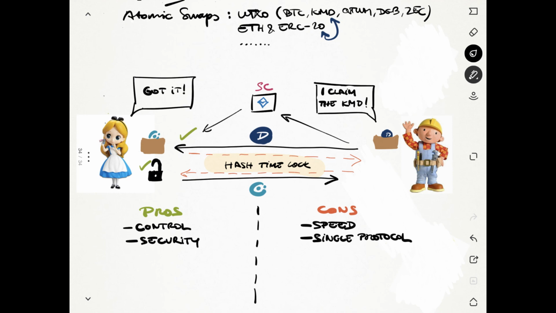So I would say that's actually a pro because now atomic swaps are multi-protocol: Bitcoin, all UTXO chains, and ETH, all Ethereum-based assets, and some new protocols are coming very, very soon, and that's quite a breakthrough.